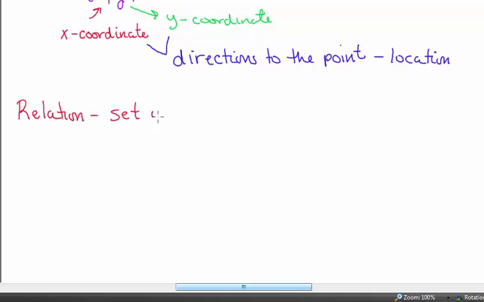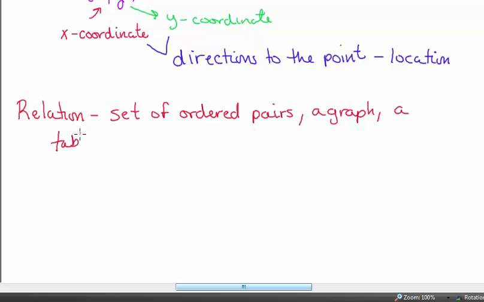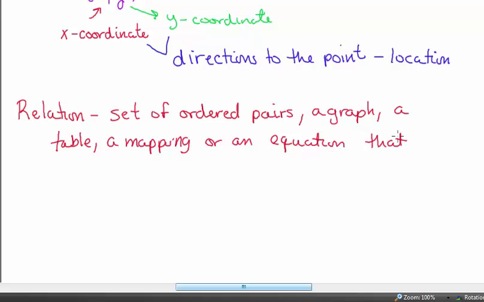It's a set of ordered pairs, a graph, a table, a mapping, or an equation that describes a relationship amongst numbers.